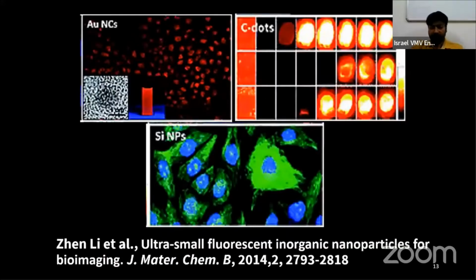This is one application in biology, and you find the gold nanocrystals getting the light absorbed, and it emits in the red region. You find red color emission, and that shows a good contrast in the live cells. Normal cells have background fluorescence. The light absorbed is emitted, and that shows a color pertaining to the color of the cells.